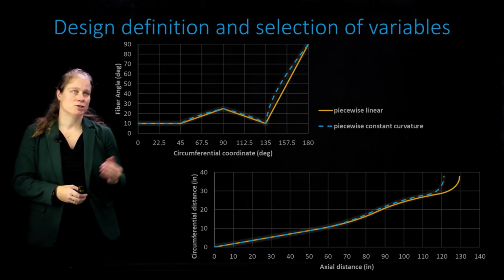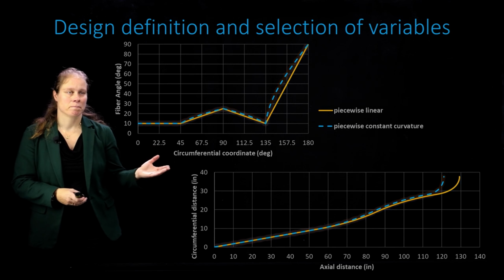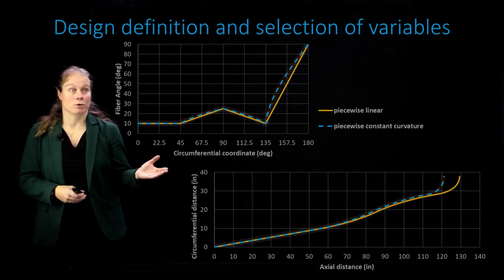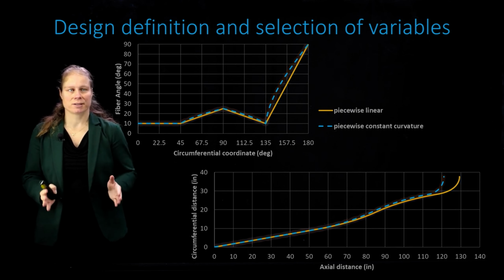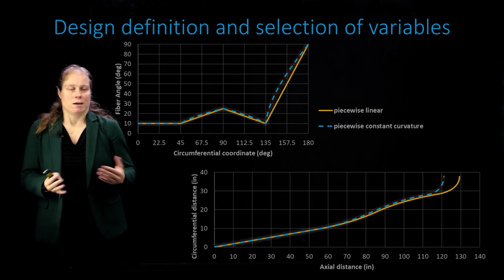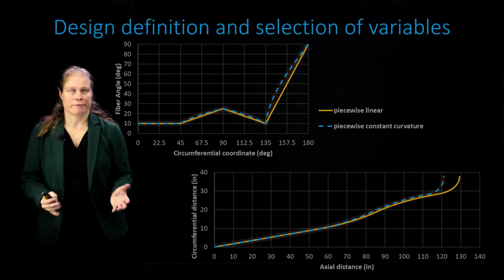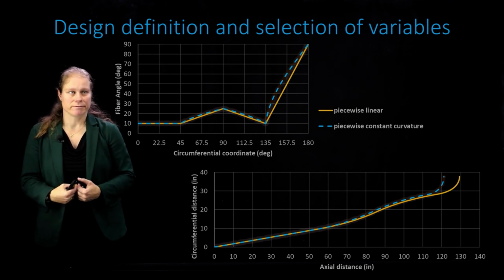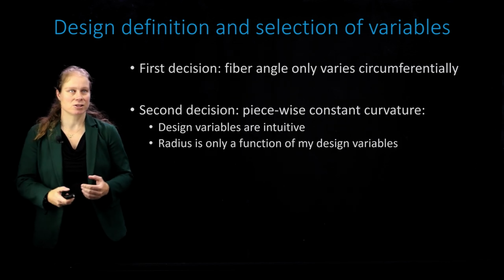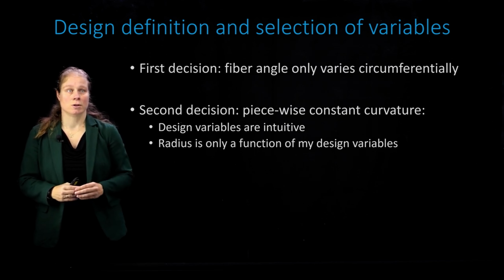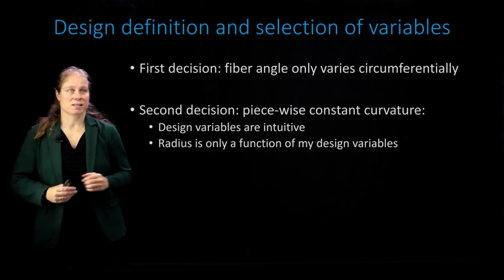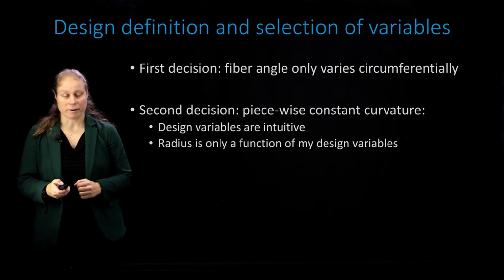And so in addition to the comments about the curvature being very easy to calculate for the piecewise constant curvature definition, it also is more intuitive from an engineering perspective. And so that's why my second decision for defining my variables was to use this piecewise constant curvature function.